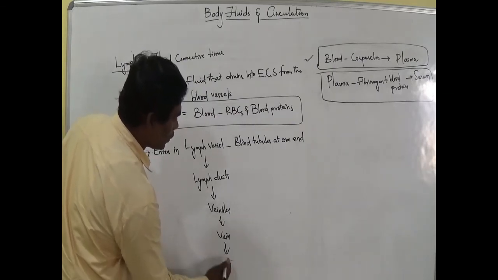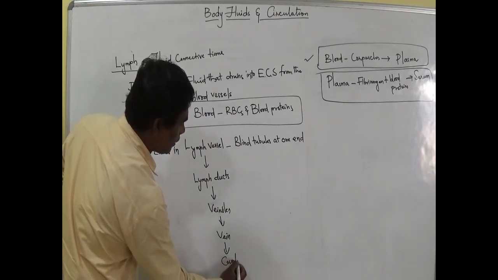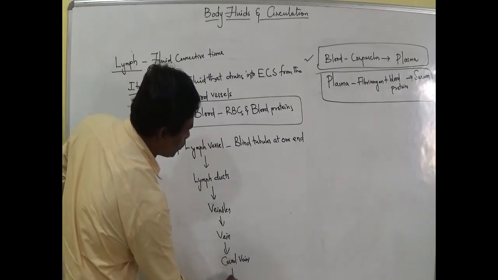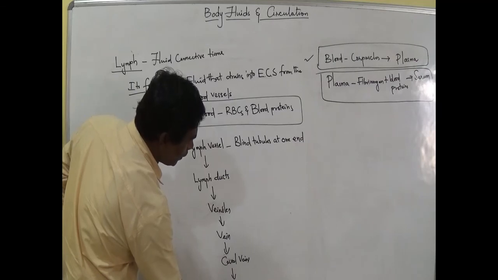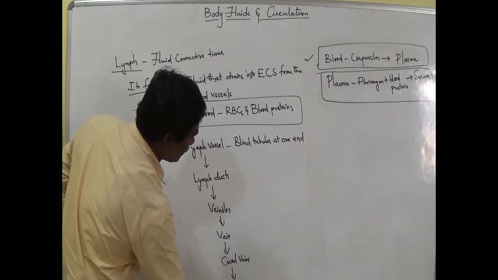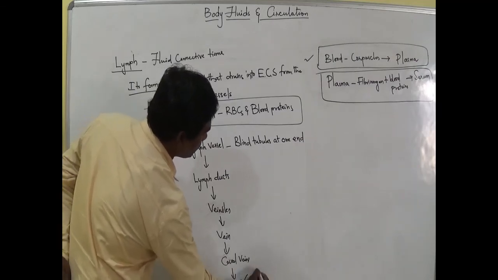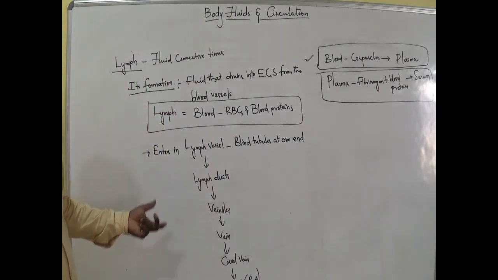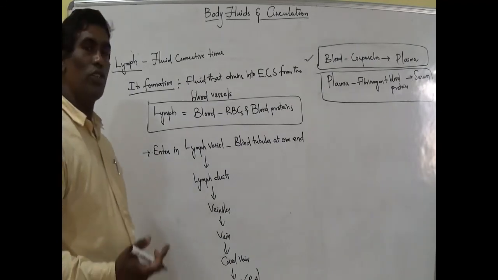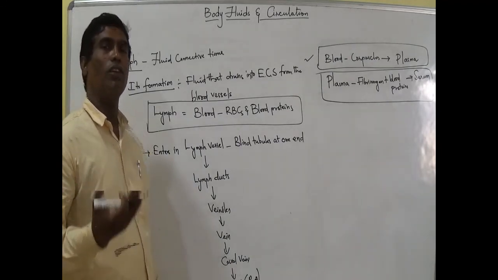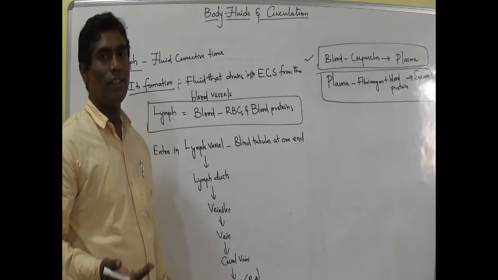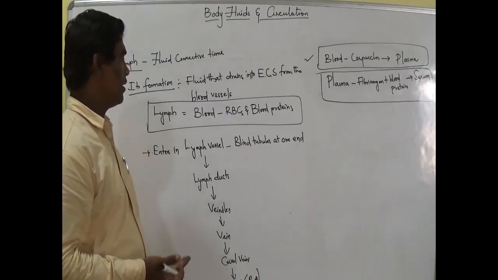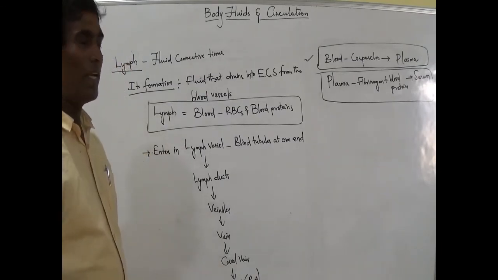These veins join to caval veins, and these caval veins pour their secretion into the heart, particularly the right atrium. This is how the lymph is formed, and its major function is to destroy foreign microbes or foreign antigens that are entering into the extracellular fluid.